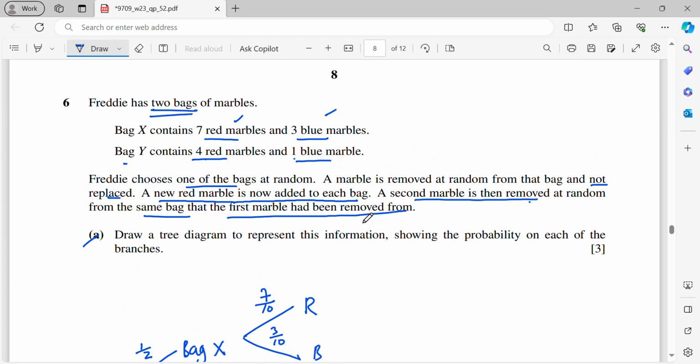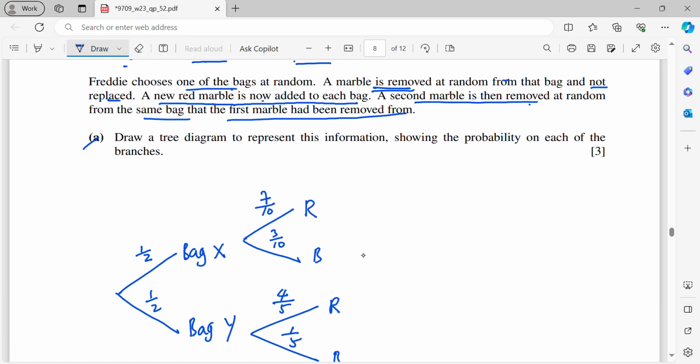Okay, now the question says, Freddy chooses one bag. A marble is removed from the bag, then is not replaced. A new red marble is now added to each bag. So which means if let's say I have chosen the red marble here, so here I will get red marble, red, blue.